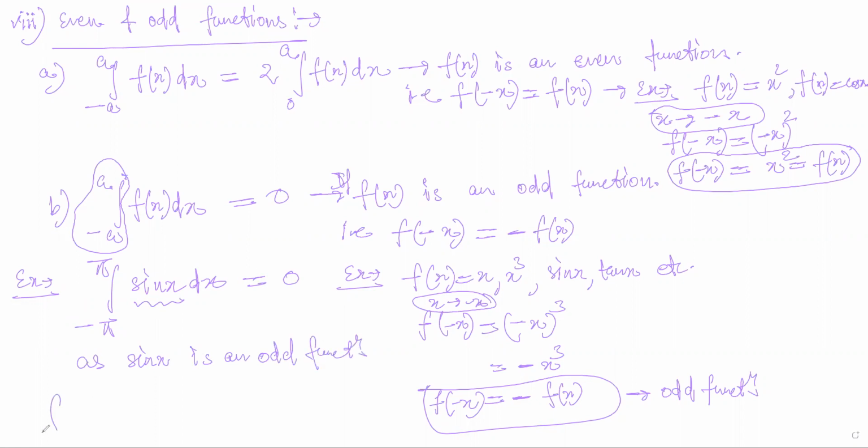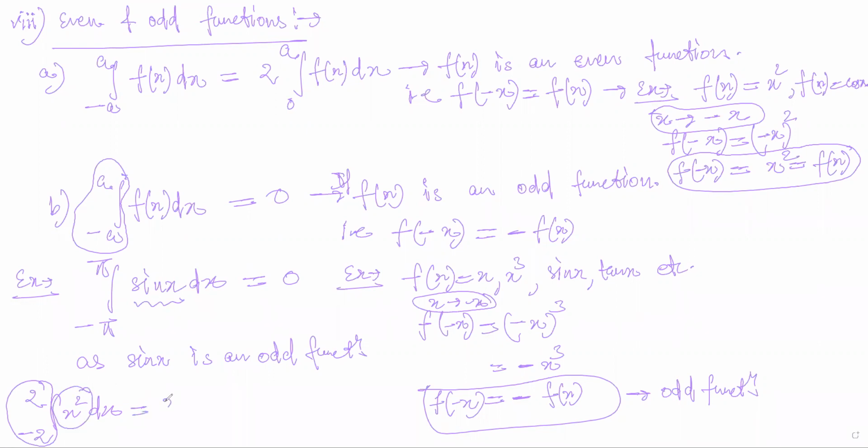But let's say I want to calculate the integration from minus 2 to 2 of x squared dx. As soon as I check that the limits are minus 2 to 2, I would check whether the inside function is even or odd. The function is x squared, which is an even function.